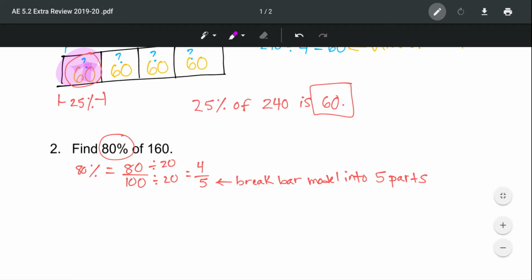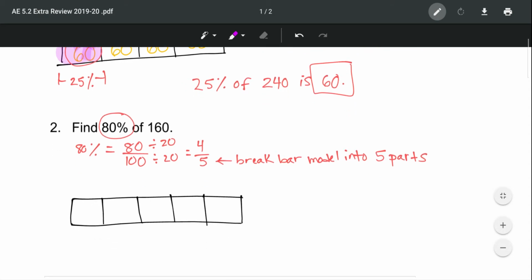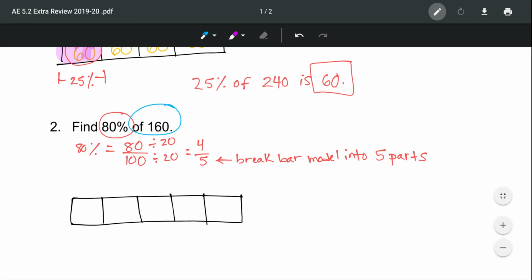Sketch your bar model and break it into 5 equal parts as best you can. So there are 5 equal parts. The total value of your bar model would be 160. That's the overall value. Now we need to figure out the value of each of these parts, so I have question marks there.